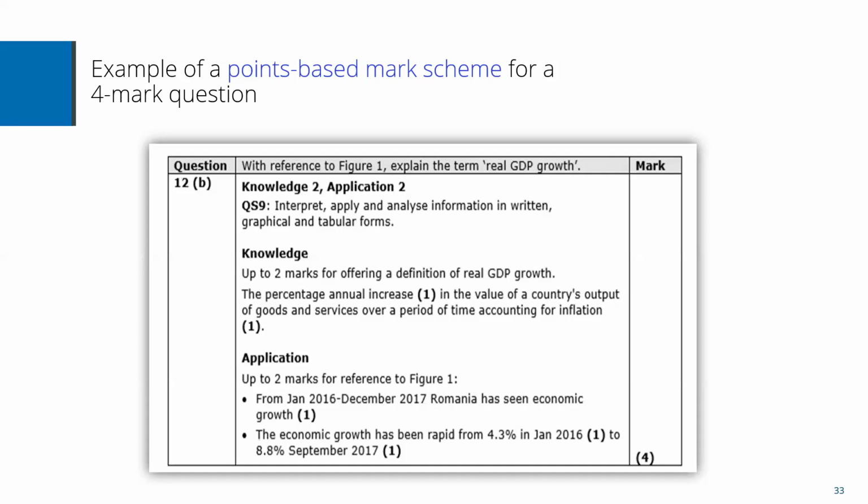So that will be where the application marks come from. Anything else is not going to pick up the marks. So if they give us 2 different definitions but no application, it can only score 2 out of 4 marks because 2 of those marks have to come from application. Equally, if there's no definition and all it is is application from the data given, it can only score the marks for application. It has to be the breakdown according to the assessment objectives.